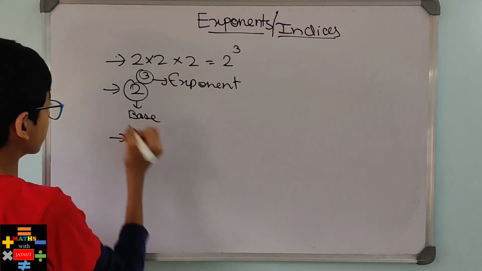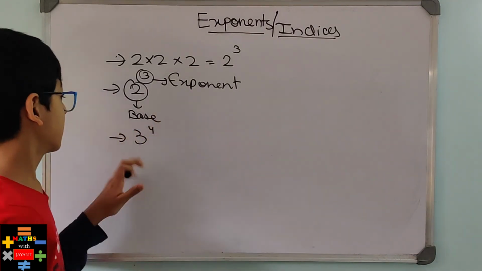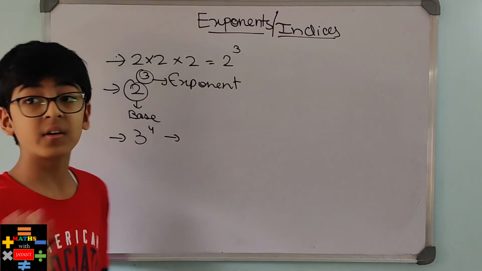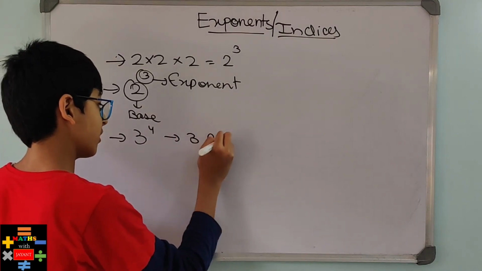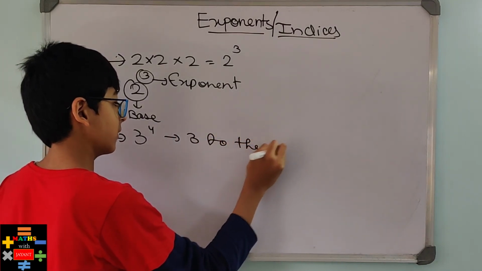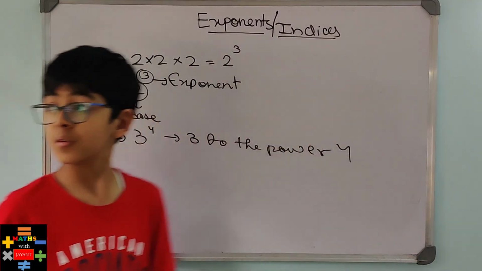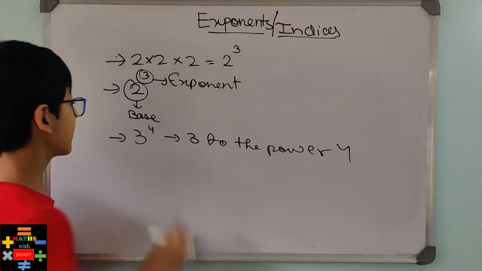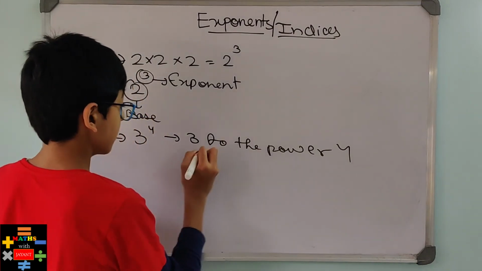Then we learned how to read an exponent. If I am given 3 to the power 4, like 3 with a small 4 on top, there are many different ways of reading it. The most common way is 3 to the power 4. Then we learned that we can read this in more different ways, like 4th power of 3 or 3 raised to the power 4.